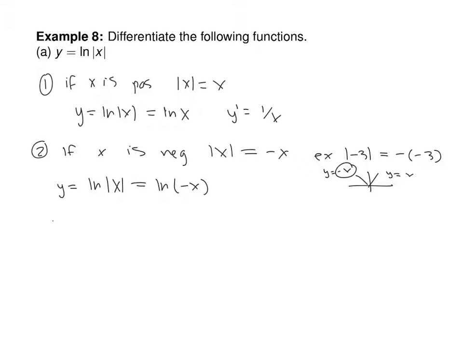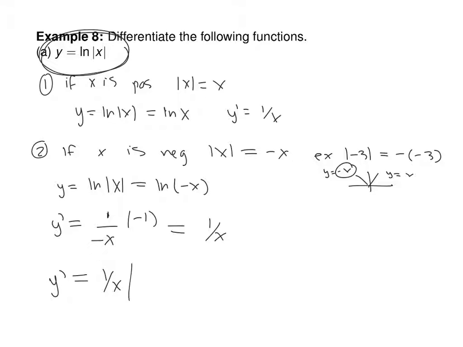Now take the derivative and use the chain rule. We'll get 1 over negative x, right? Times what from the chain rule? Negative 1, which is also 1 over x, right? So for this function, ln of absolute value, y prime is just equal to 1 over x, and the absolute value bars are gone.